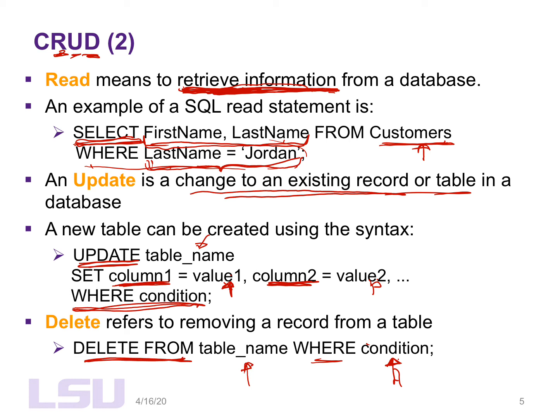So that's the summary of the 4 basic operations, right? C for create, and you saw there were 3 steps. You created the database, that's step 1. Step 2, you created the table in the database. Step 3, you inserted data into the database table.